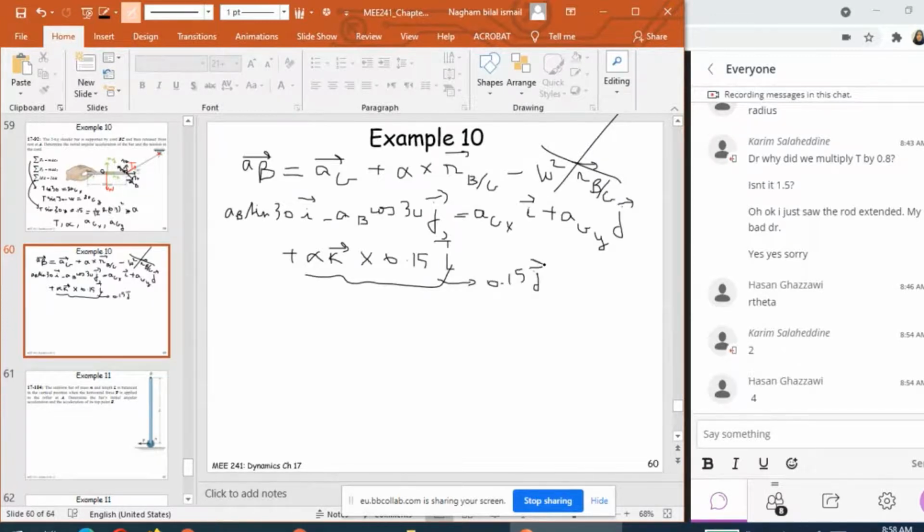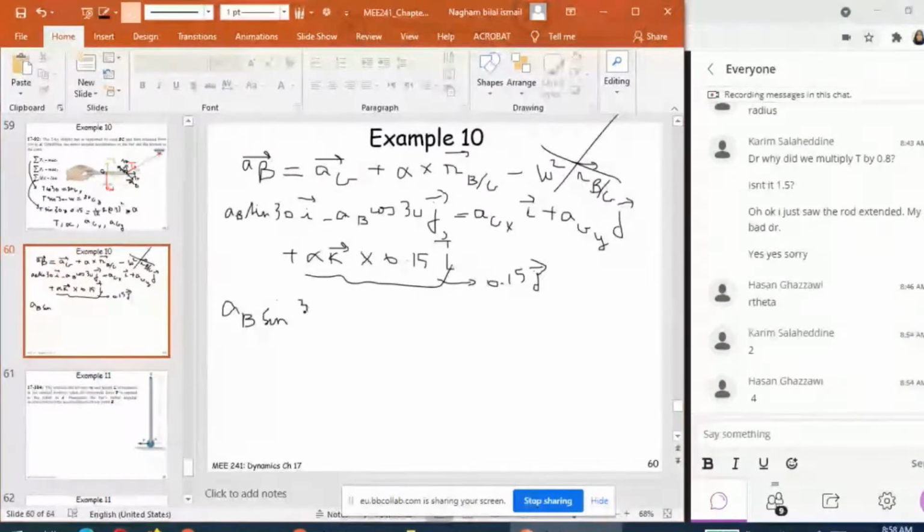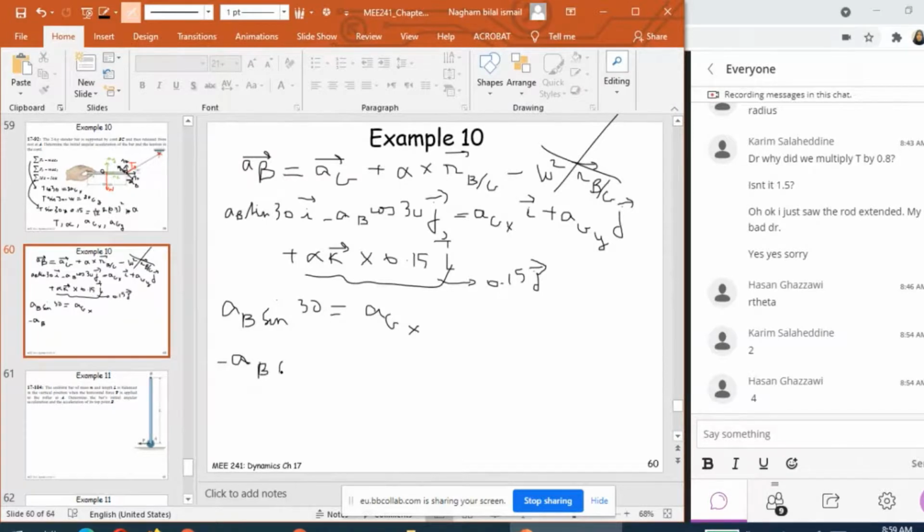If I divide this into two equations, in I, I'm going to have AB sine 30 is equal to AGx. And in J, minus AB cosine 30 is equal to AGy plus 0.15 alpha.